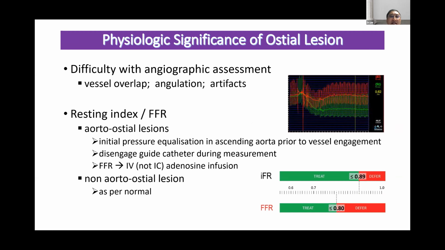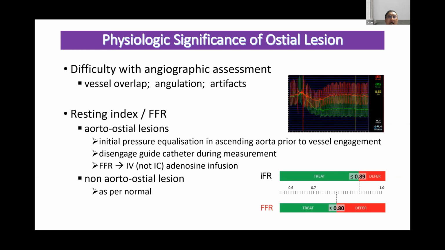In fact, we often hear from the cardiothoracic surgeon that we send patients with ostial left main disease to them for surgery, and they do not find a significant ostial left main lesion at the time of the bypass. And so for the physiologic assessment of the ostial lesion, I think that the resting or the hyperemic physiologic indices will be of great help.